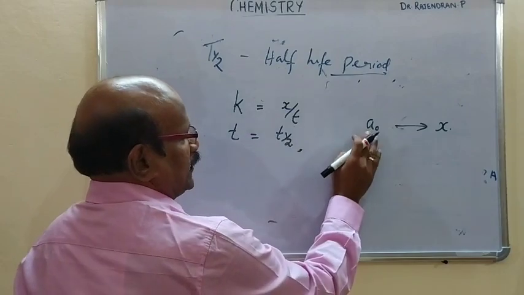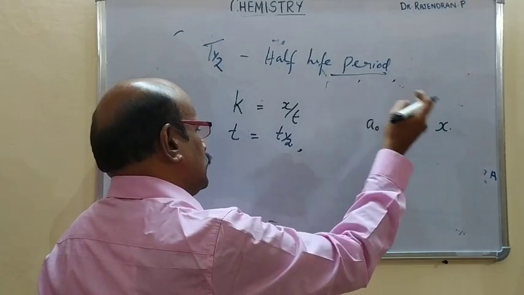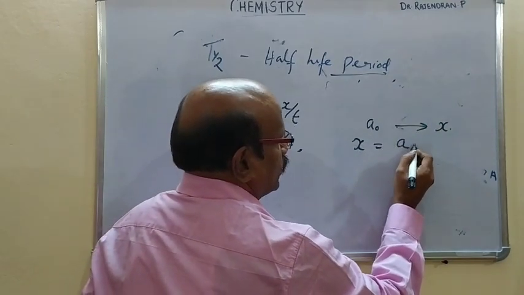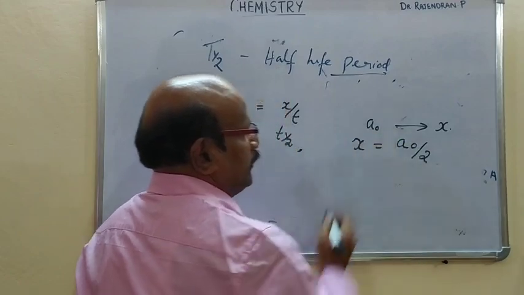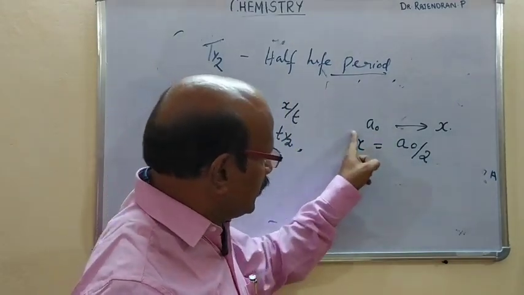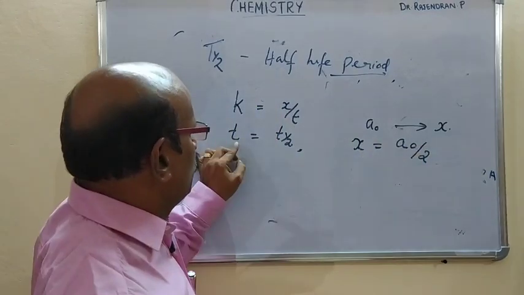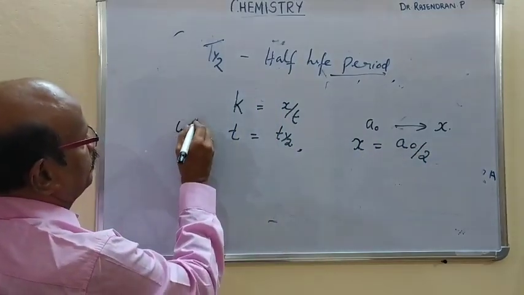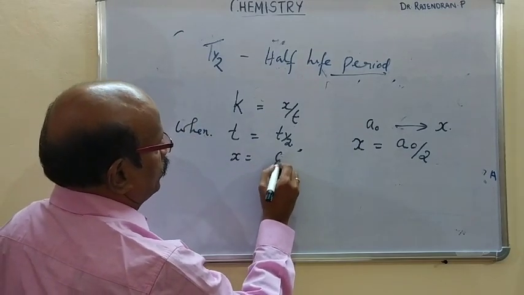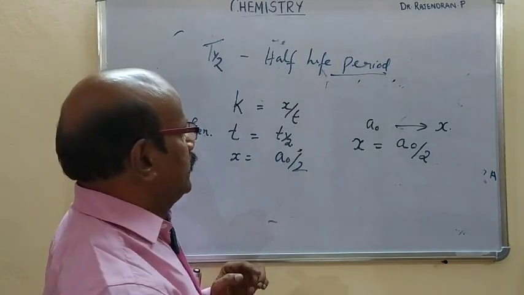If half of the A0 is converted, then x is equal to A0 by 2. So when t becomes t half, x is equal to A0 by 2 according to our definition.